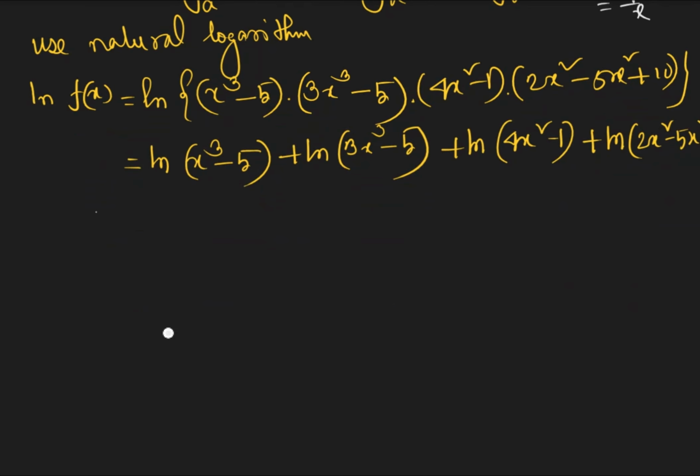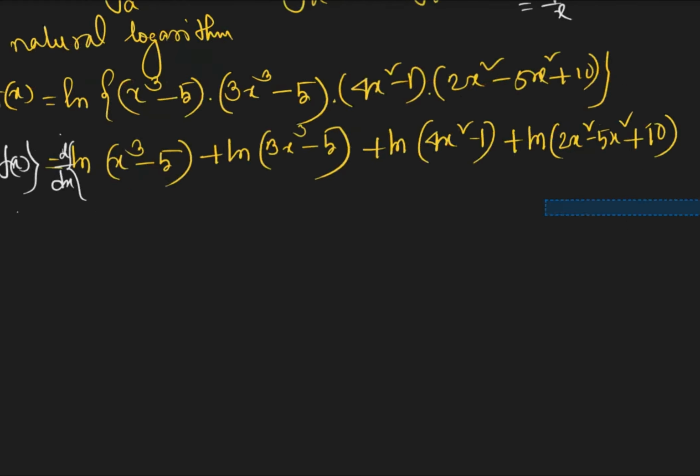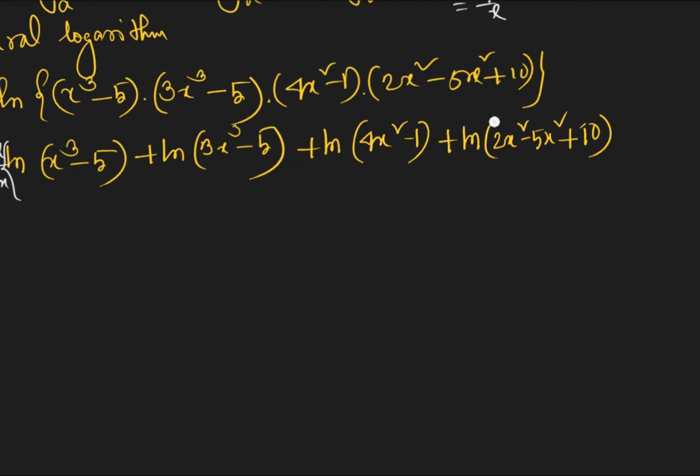Now if we differentiate both sides with respect to x, so d/dx of ln f of x, and here as well let's use d/dx with curly brackets up to the last factor.